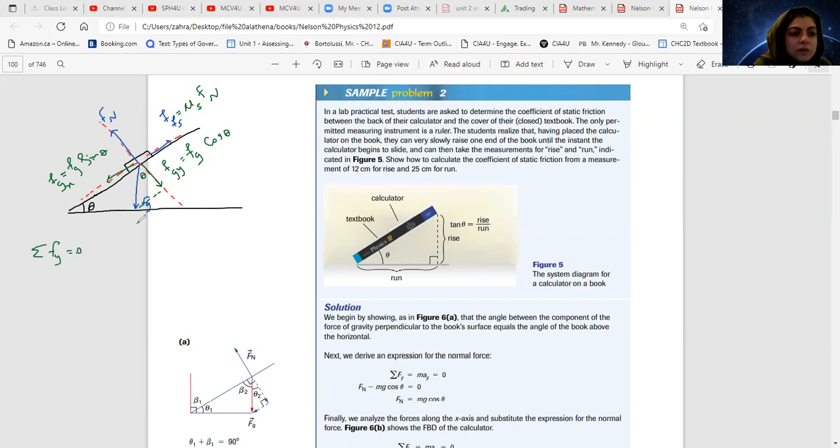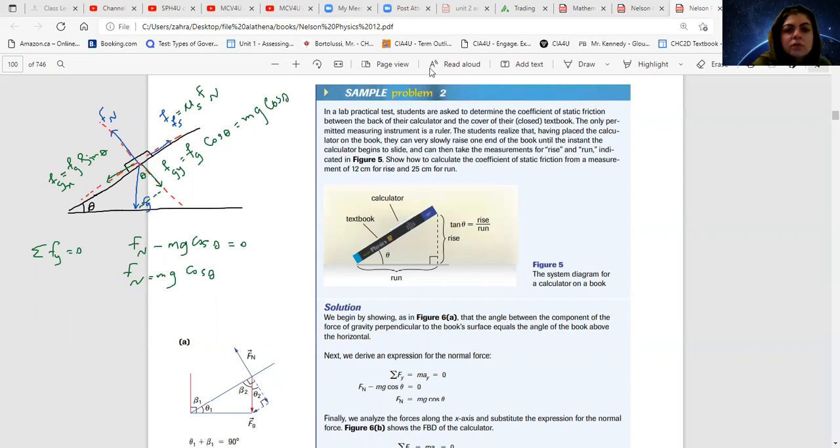I have F of n, which is positive, minus F of g cosine theta, and instead of F of g I put mg cosine theta. The two forces cancel, so the net force in y is 0. So F of n is equal to mg cosine theta.